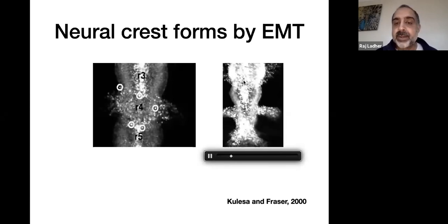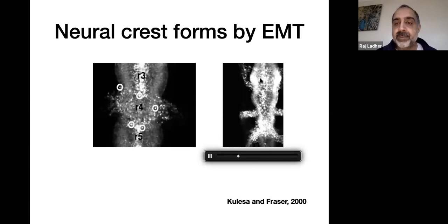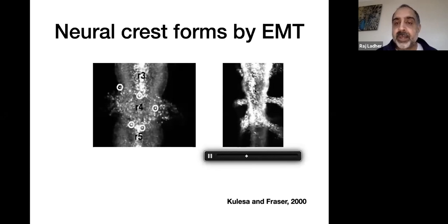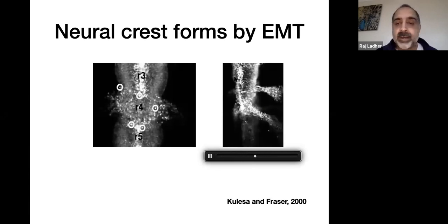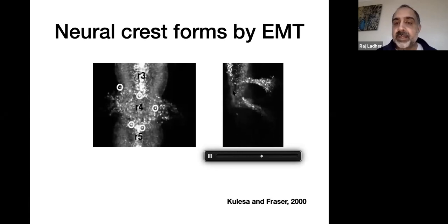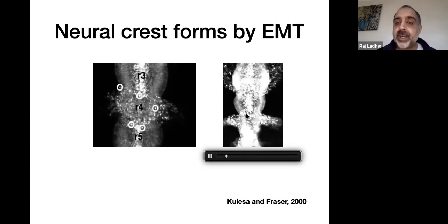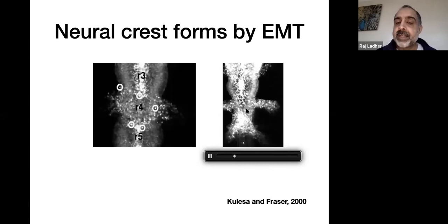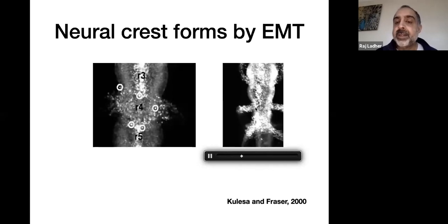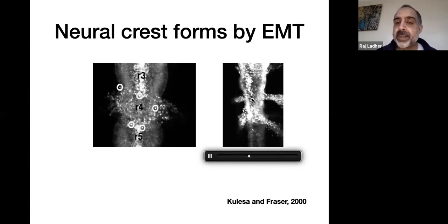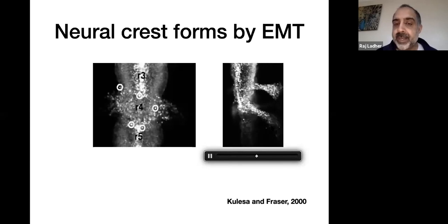And so you can see neural crest is actually born throughout the neural tube, but then it's forming these distinct streams here. So neural crest is leaving by EMT, by epithelial mesenchymal transition, but is exiting the neural tube using specific routes. And you can see these streams here and here.